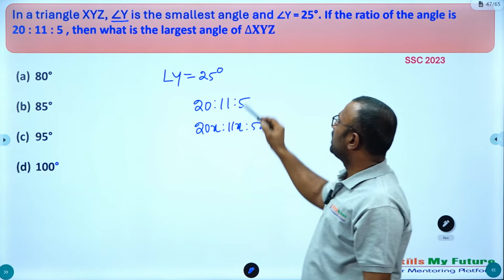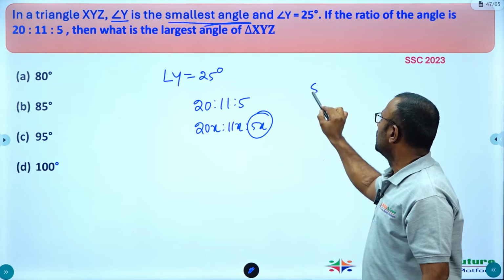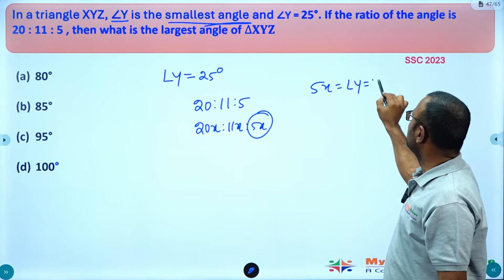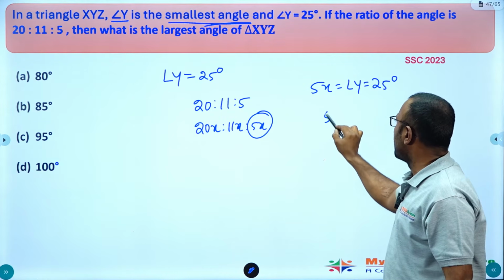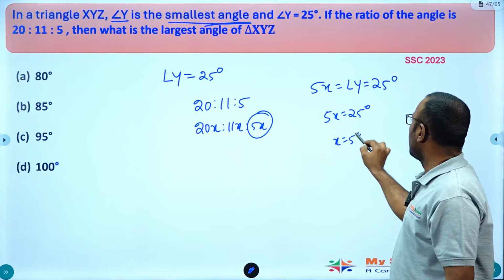In that they given the smallest angle. 5x is the smallest, so 5x is nothing but the smallest angle, that is angle Y, that is 25 degrees. So 5x is equal to 25 degrees, x is equal to 5 degrees.